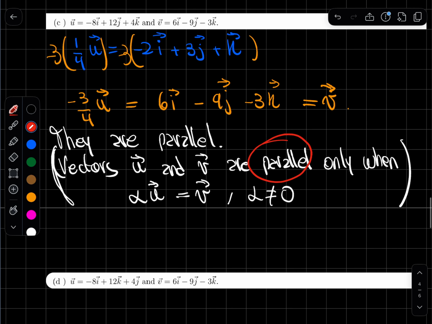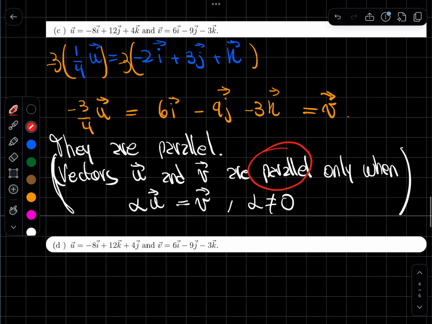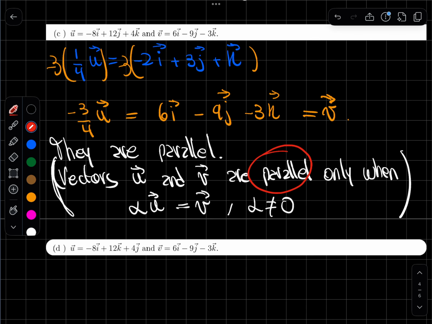Now let's look at D. I'm trying to keep those not too far away from each other. It's been hard, as you've seen, but they do look really similar. There is a difference between them, though. Look at this. Here, J is multiplied by 12. Here, K is multiplied by 12.